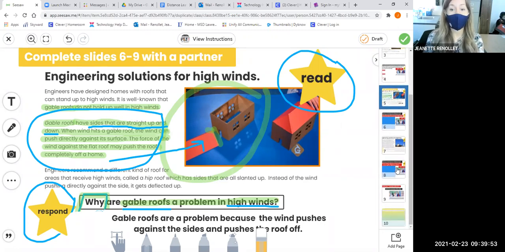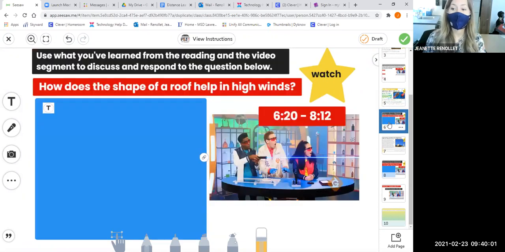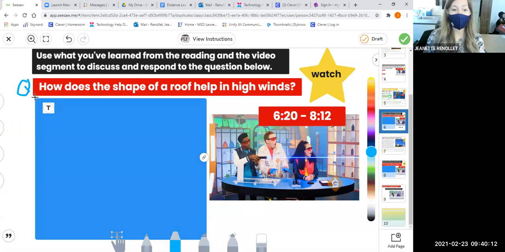Today for your independent task is going to be checking your work from yesterday and improving it, making it 3rd grade. On slide number 6, you have a video that you can go back and watch, and you have a question right here in red.